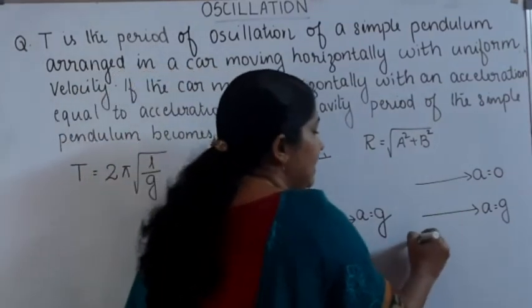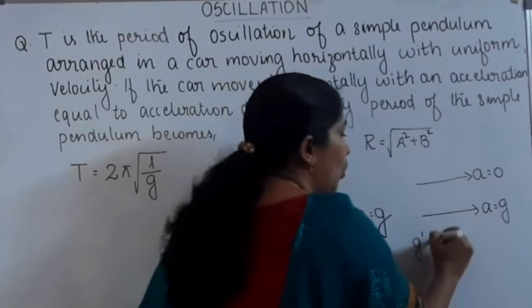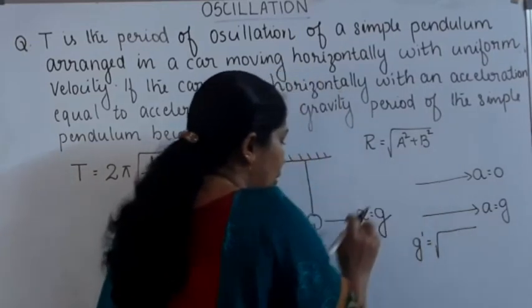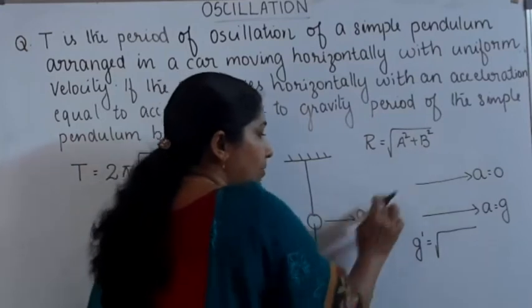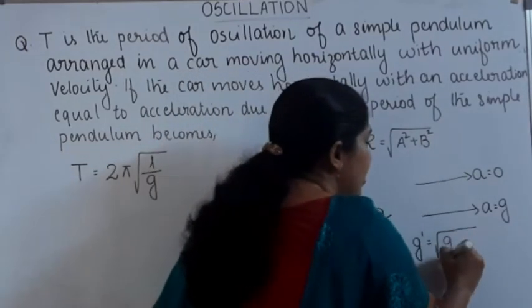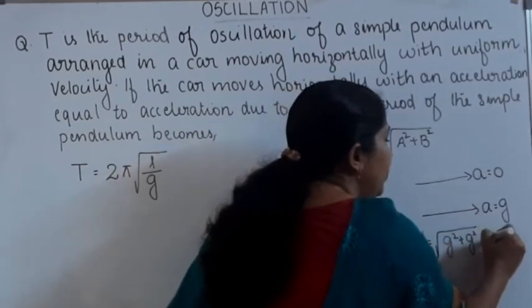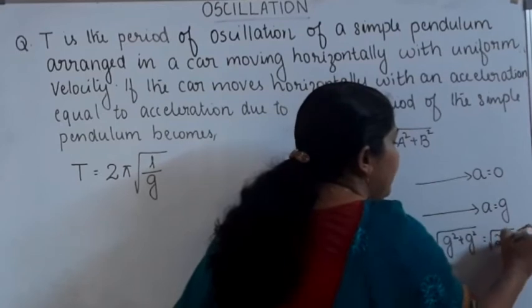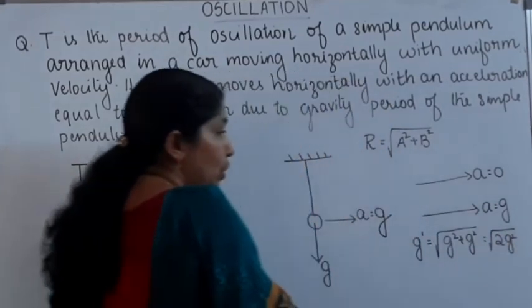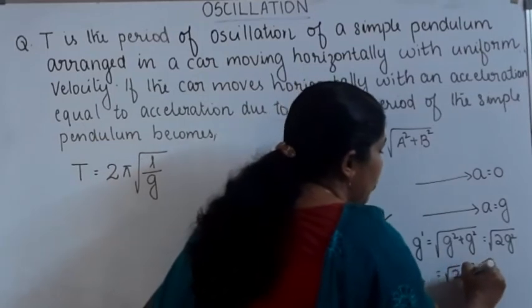Therefore, the resultant acceleration g' is equal to √(g² + g²), which is √(2g²), that is √2 g. The resultant acceleration is equal to √2 times g.